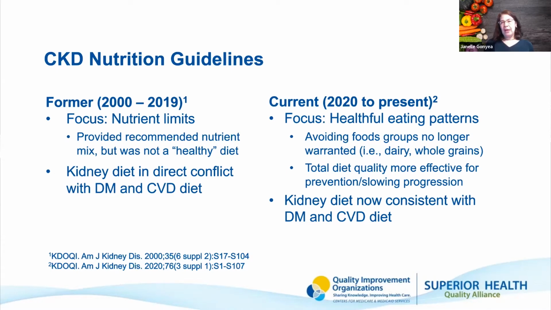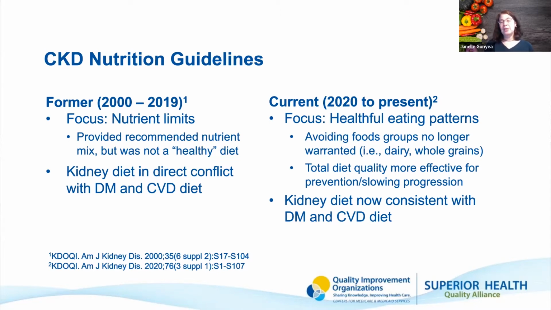Fortunately, we gathered more evidence. The new recommendations came out last year. There's a 2020 publication listed there that gets all of the nitty gritty. But specifically, the focus is now on healthful eating patterns. So we're trying to avoid eliminating entire food groups, which we used to do before, because we found that that's no longer warranted and can actually be harmful to the patient.